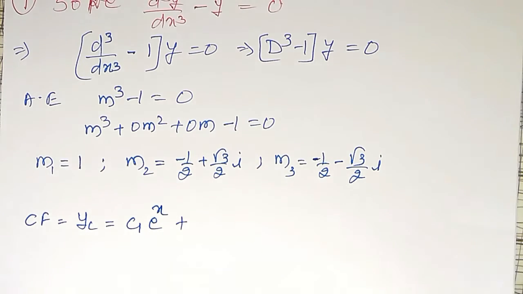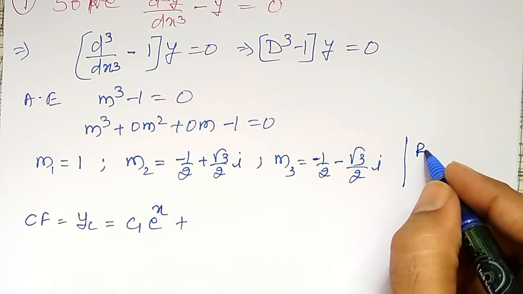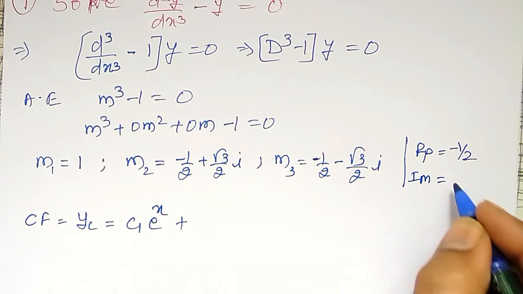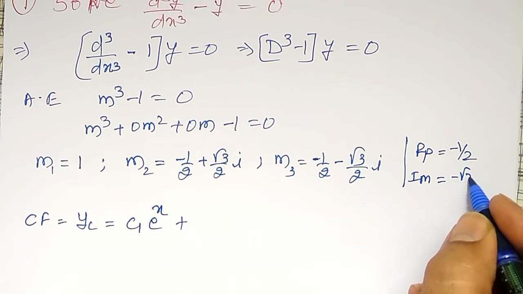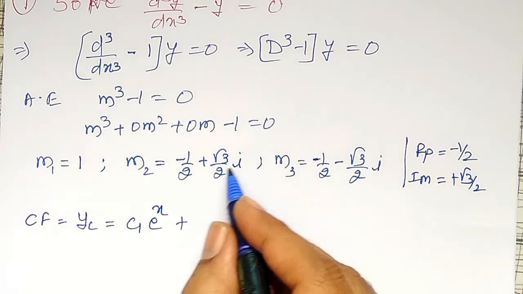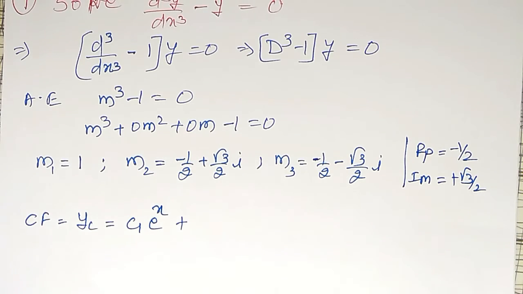From the complex conjugate, my real part is equal to minus 1 by 2 and the imaginary part is plus root 3 by 2. Not minus, plus root 3 by 2 is the imaginary part.